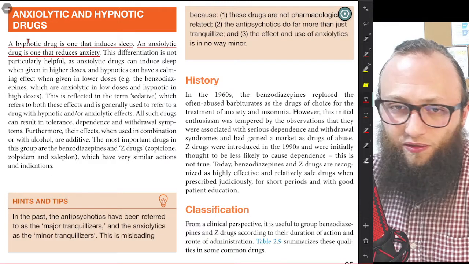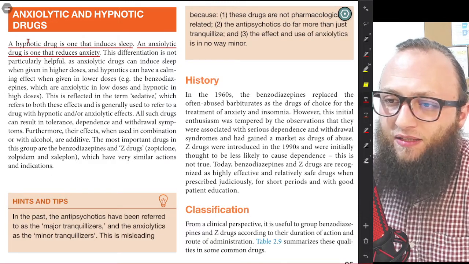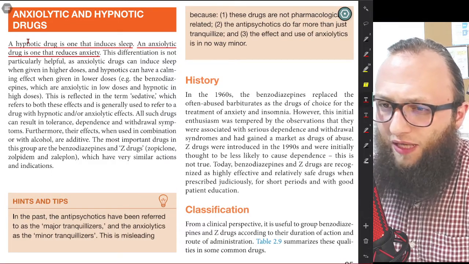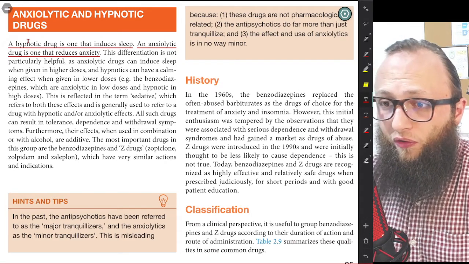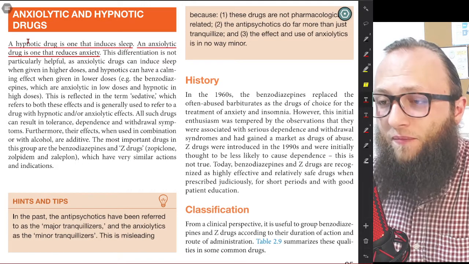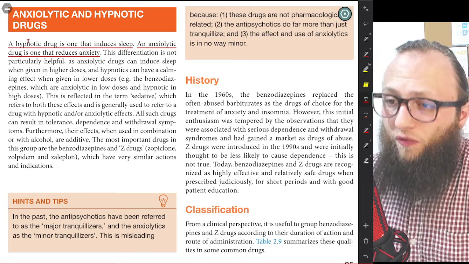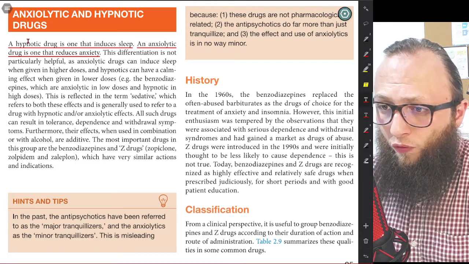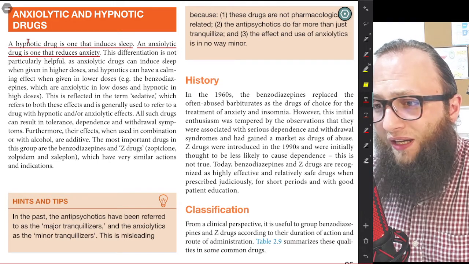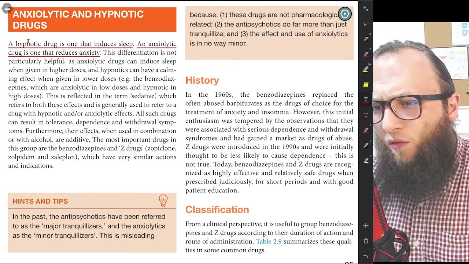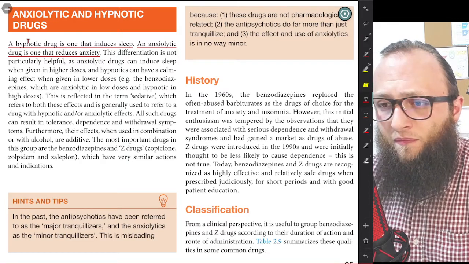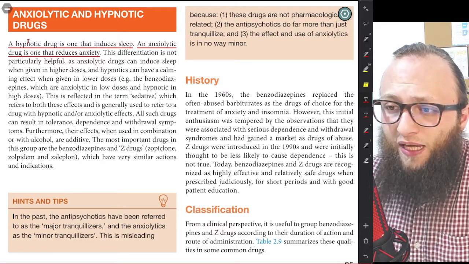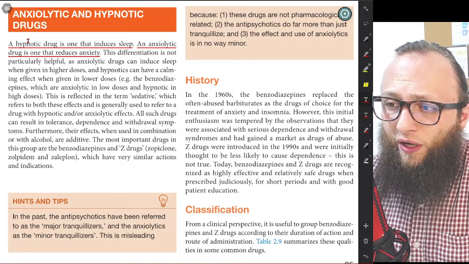So, let's talk about history. In the 1960s, the benzodiazepines replaced the often abused barbiturates as the drugs of choice for the treatment of anxiety and insomnia. However, this initial enthusiasm was tempered by the observations that they were associated with serious dependence and withdrawal syndromes, and had gained a market as drugs of abuse.